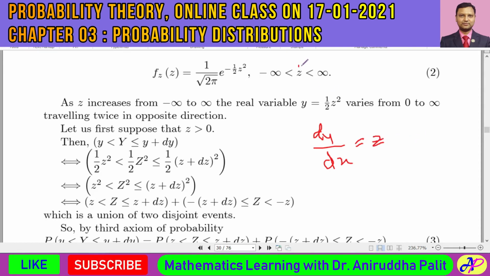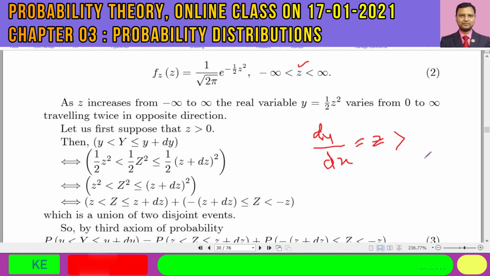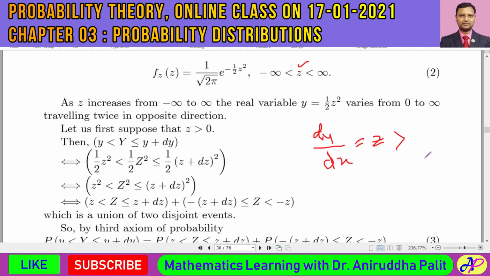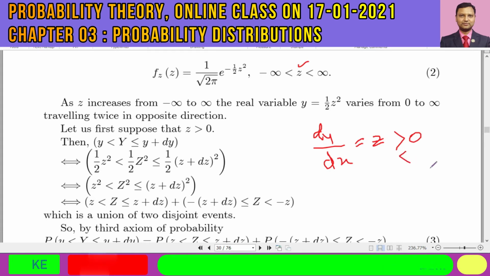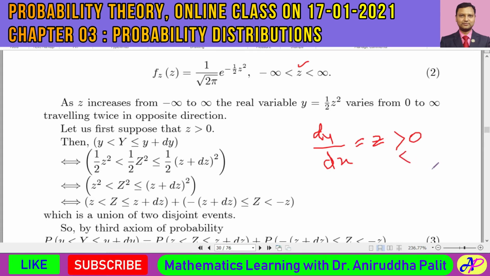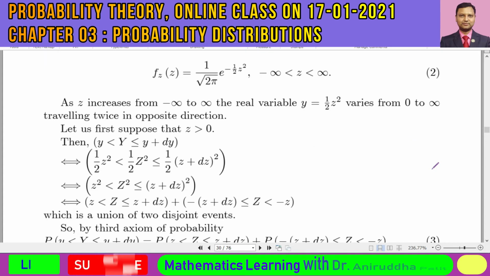And z may be positive, z may be negative, so we cannot say that this is always strictly positive or always strictly negative. Both kinds of nature, dy dz greater than 0 and less than 0, hold over here for different values of z. So we cannot directly apply the transformation formula that we proved earlier.